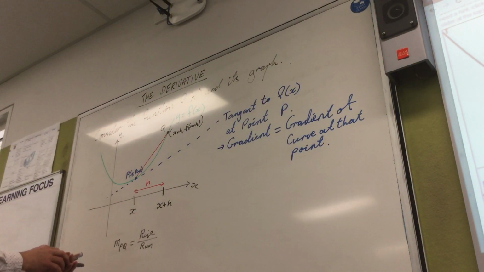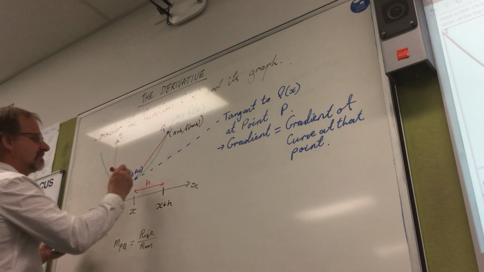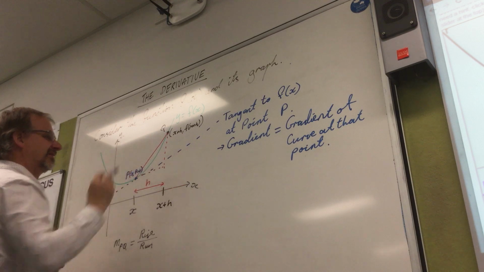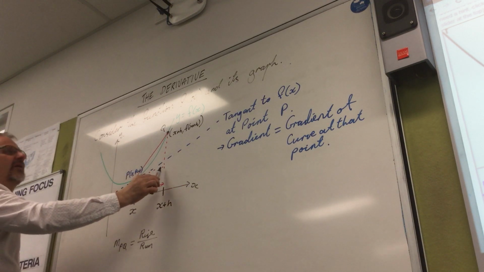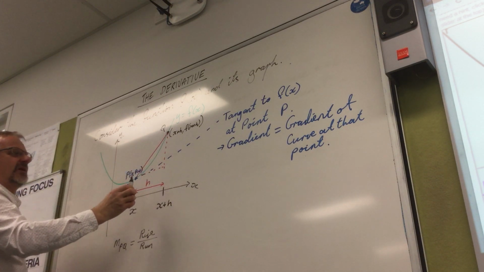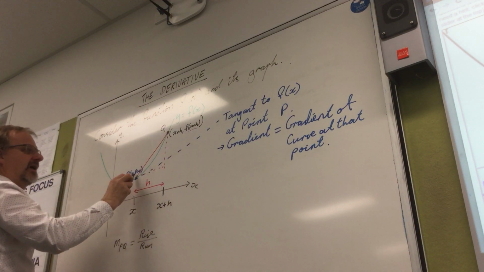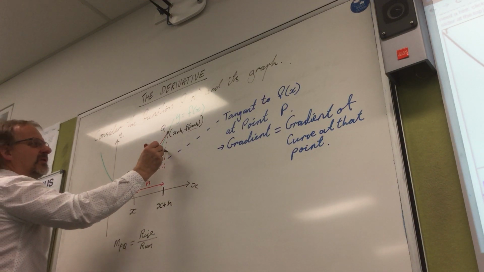So let's put it in red. Okay, so our rise is this bit, and this bit here is the difference in our y coordinates.